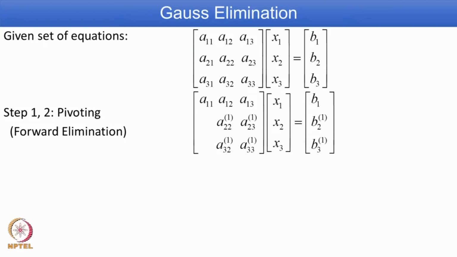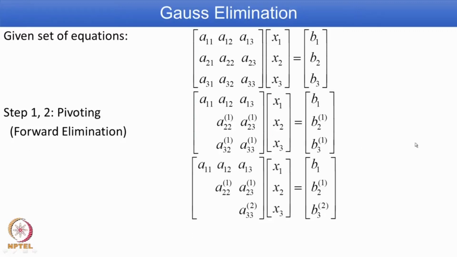In the first step, A11, A12, A13 are not altered, whereas the second row and third row are altered, and the altered coefficient is written with a superscript in brackets 1. Correspondingly, the right side B is also altered, and that is written here as B2 superscript 1 and B3 superscript 1.